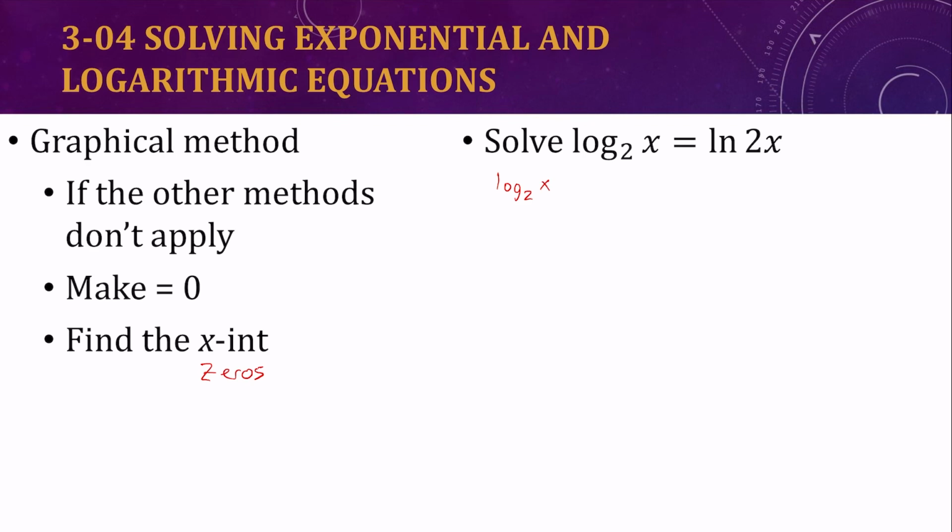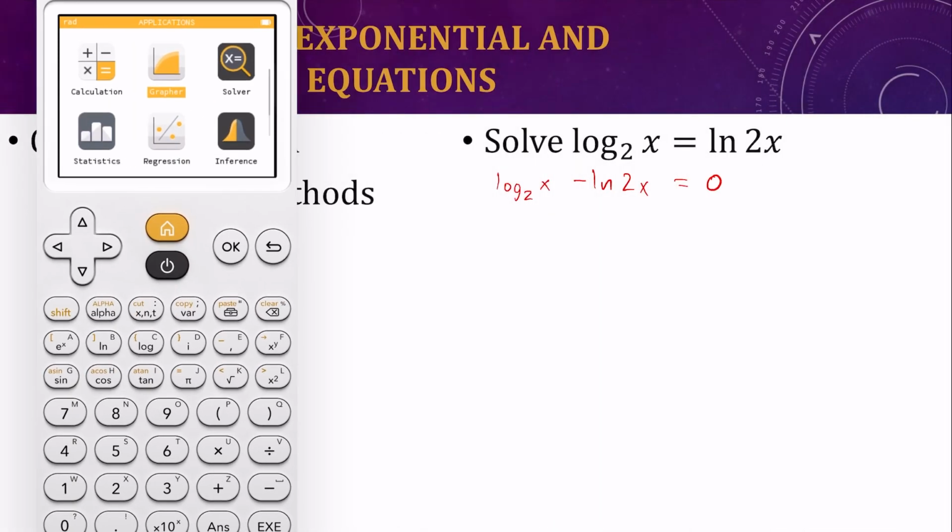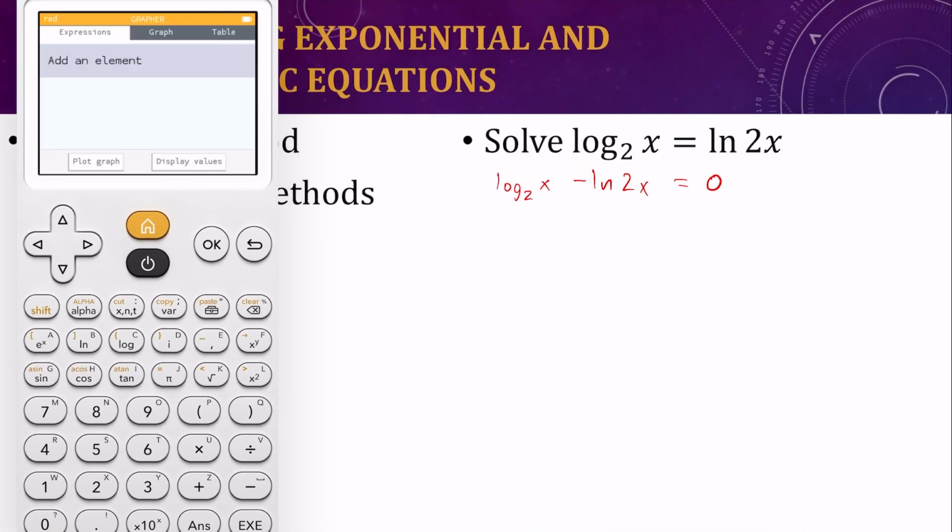So I'll make it equal to 0. I'll subtract the natural log of 2x from both sides, so it equals 0. So I'll grab my calculator, go to Grapher. I'm going to use my log base function here. So the base is 2 of x, and we're subtracting the natural log of 2x.